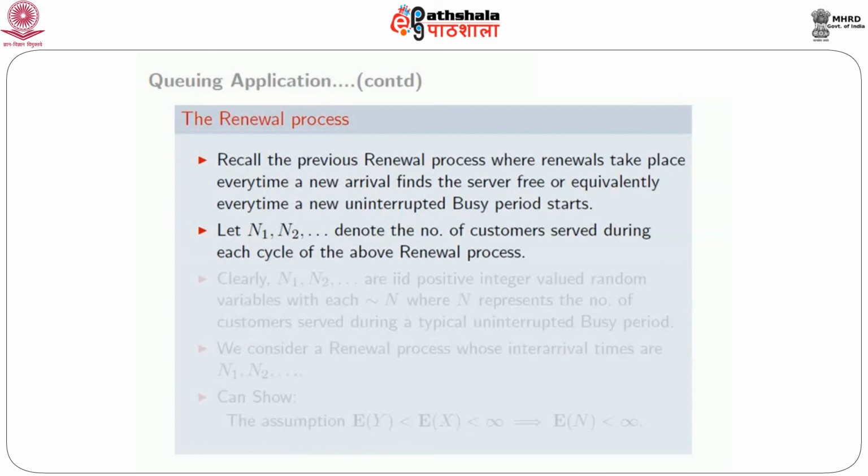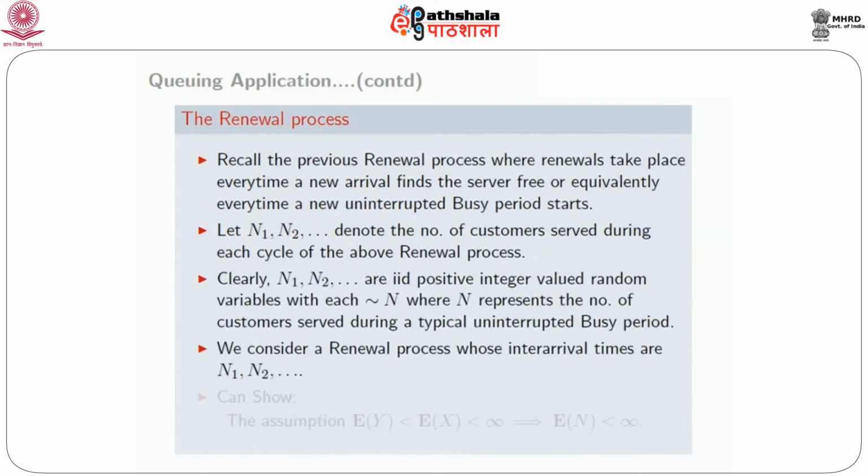It is absolutely clear that N1, N2, etc. are positive integer valued random variables, and that they would be IID, because successive uninterrupted busy periods are IID. Each has distribution, let's say, capital N, where N represents the number of customers served during a typical uninterrupted busy period.